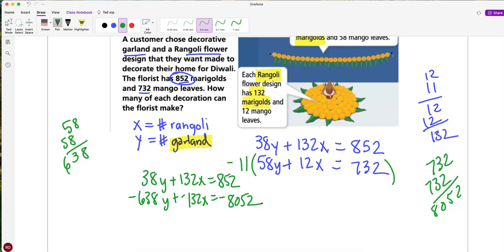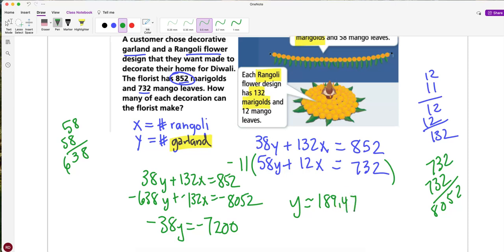So I get negative 600y equals, 8052 minus 852, negative 7200. And if I divide that by 38, I get y is about 189.47.